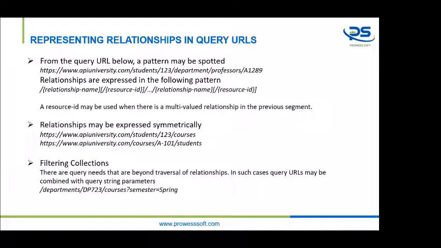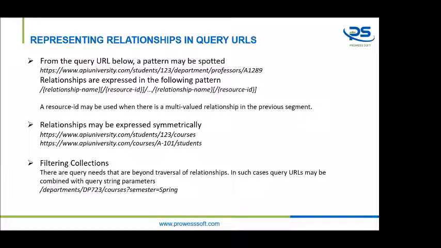Students can have multiple courses that they are enrolled into, and each course can have multiple students enrolled. So these relationships are symmetrical, so don't jump to the conclusion that they can be hierarchically placed. All right.